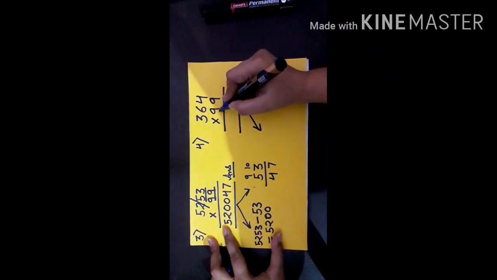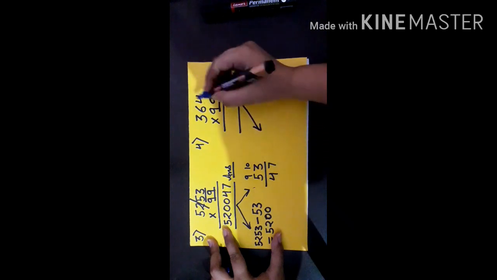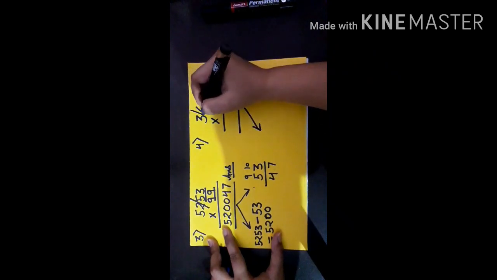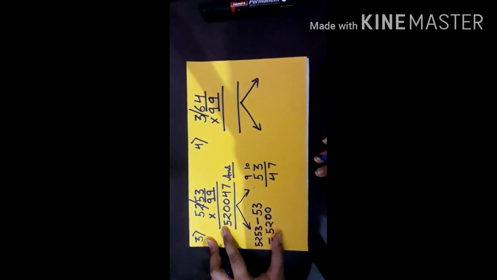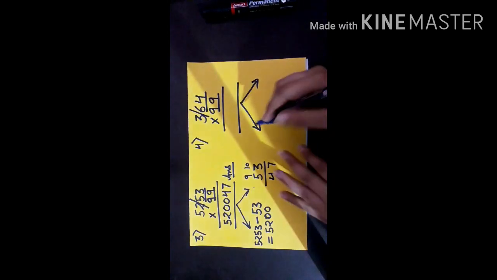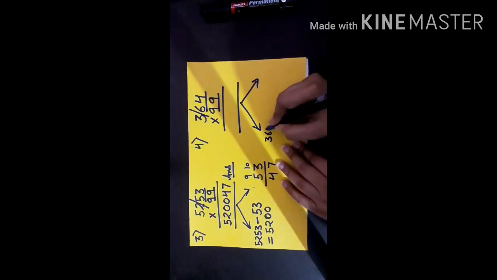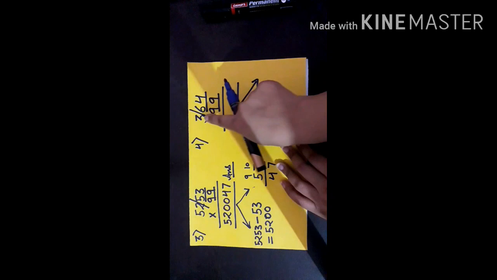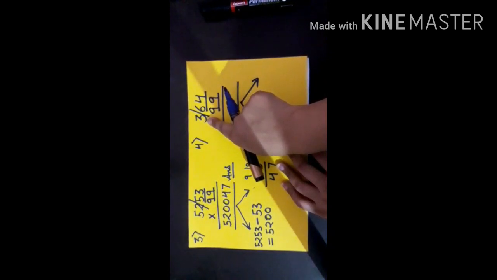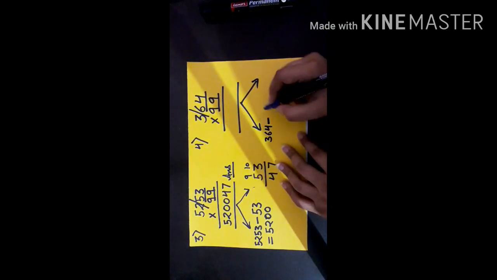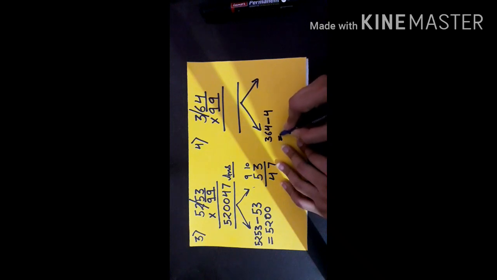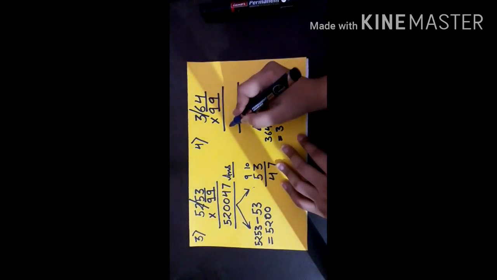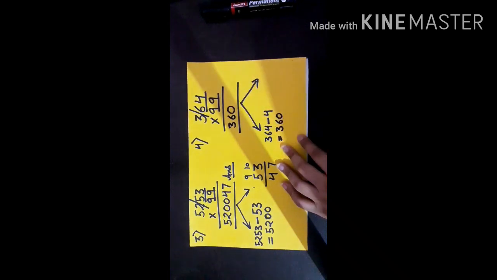See, 2 digits and 1 slash. Now take your multiplicand, minus it. Now here is 3, so you have to minus it with 4. Now what is it? 360. Right, here 360.